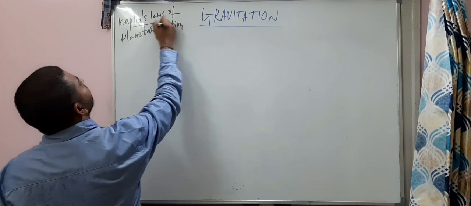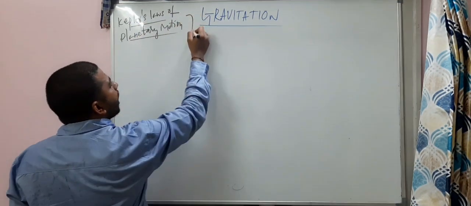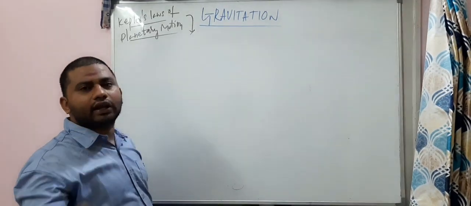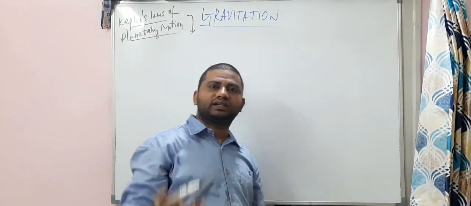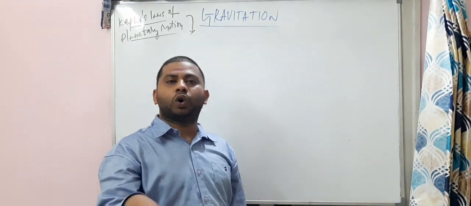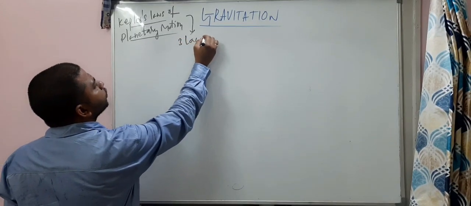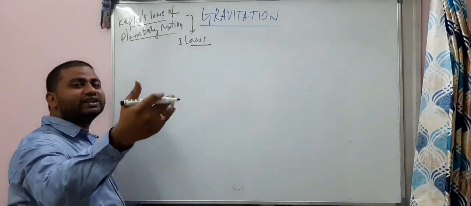That's the first topic we must learn, my dear students. Like how we have Newton's 3 laws of motion, first law, second law, and third law, Kepler's laws of planetary motion are also 3, right? So there are 3 laws. What those are, we'll discuss later.